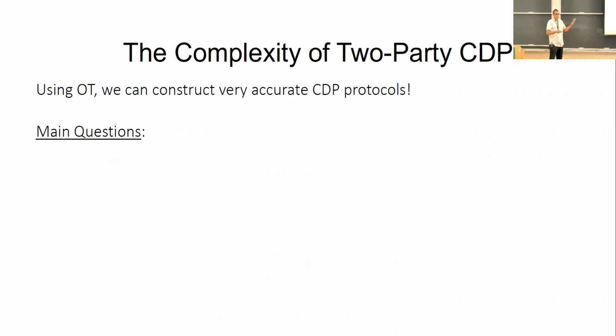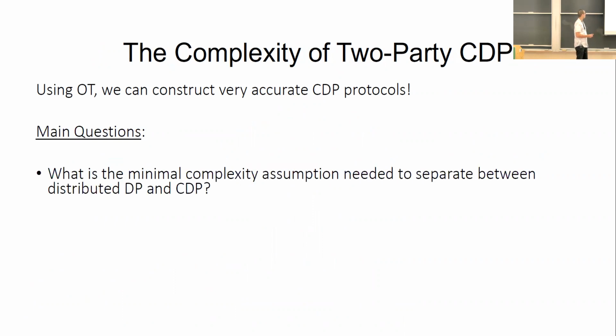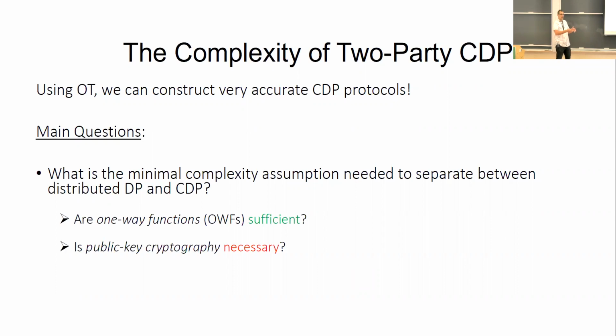This leads to the following questions that we are trying to understand in this work. What is the minimal complexity assumption needed to separate between distributed DP and CDP? For example, in the inner product, we need to assume something because we know we cannot do it information-theoretically. In particular, we can ask: are one-way functions, the most fundamental cryptographic primitives, sufficient, or maybe public key crypto like oblivious transfer is necessary?